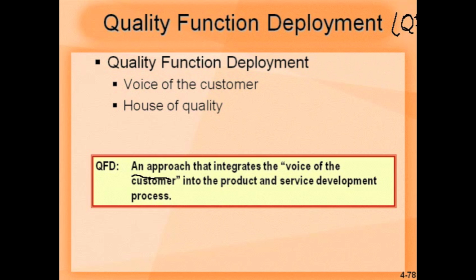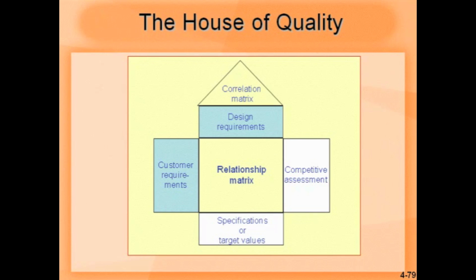As it says here, it is an approach that integrates the voice of the customer into the product and service development process. So let's look at one example. One example of using QFD is called the house of quality. The outcome of doing quality function deployment, all the information gathered, is organized into what is called the house of quality.